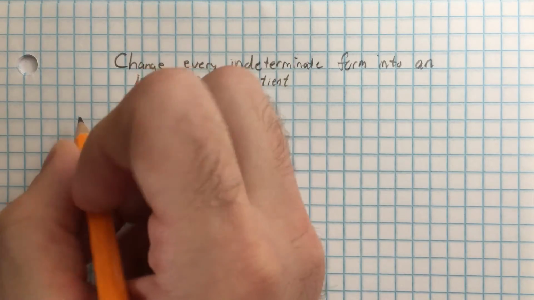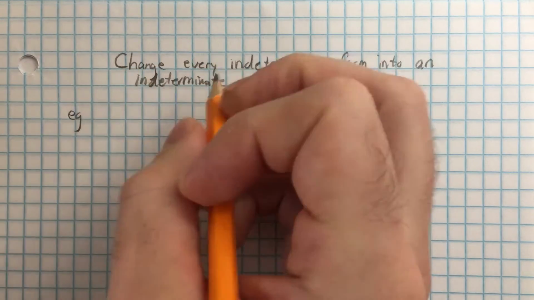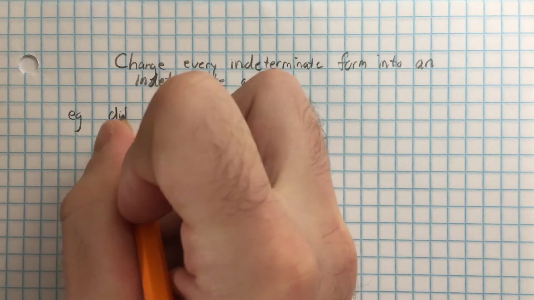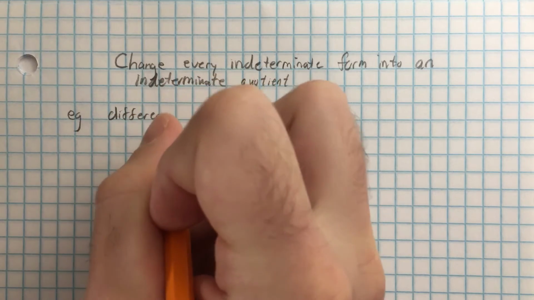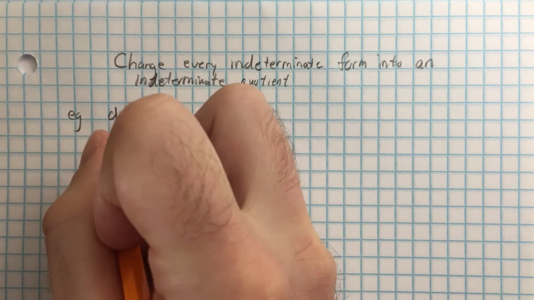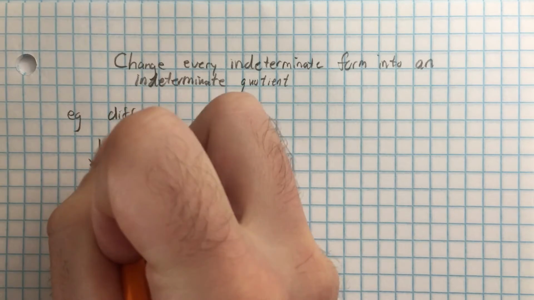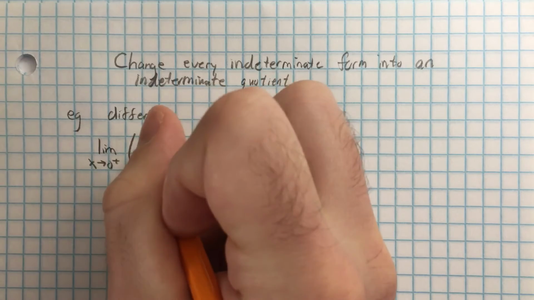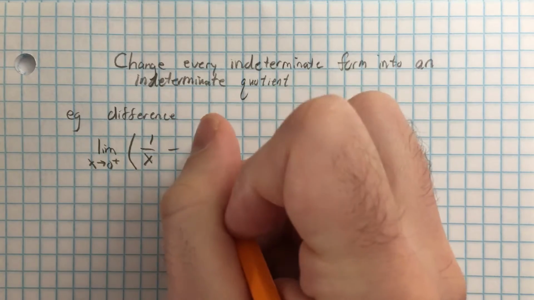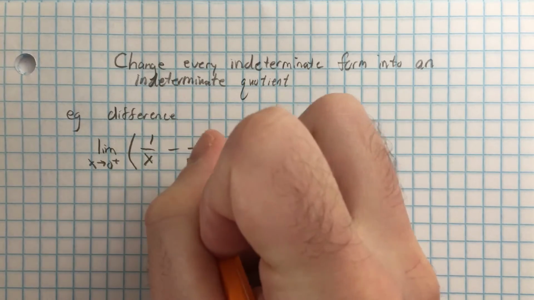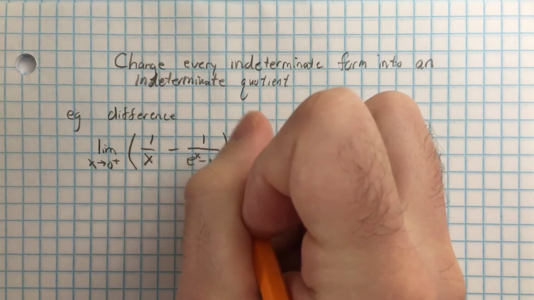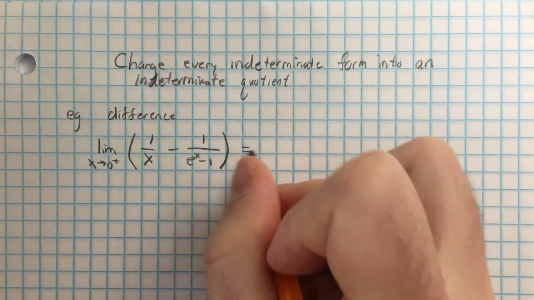So, for instance, take an example of an indeterminate difference. So we take the limit as x approaches 0 from the right of 1 on x minus 1 on e to the x minus 1. Let's see what's going on here.